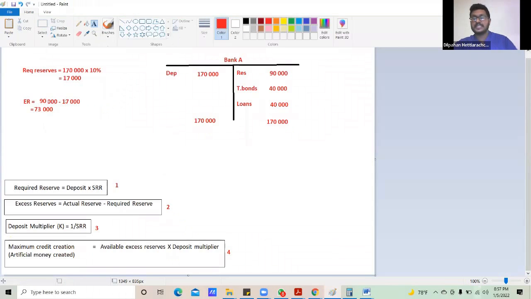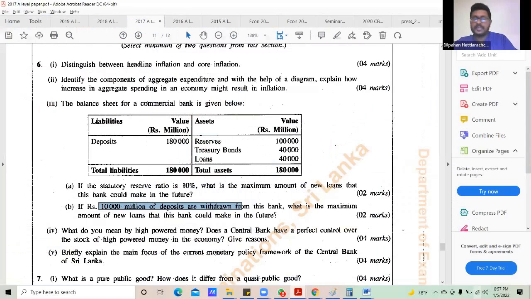So the answer will be 73,000. So the new excess reserve after withdrawing that 10,000 will be 73,000. So the question asked about the new loans, this bank can grant 73,000 after the withdrawal of 10,000, right?